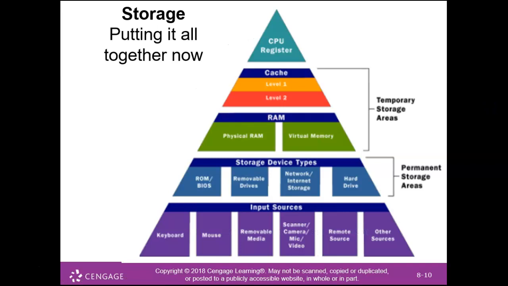Now, continuing with storage. The hardware that defines the computer is the CPU and the memory, right? The CPU and the memory work together to run programs, as we've discussed. The CPU executes programs using this fetch, decode, execute style.